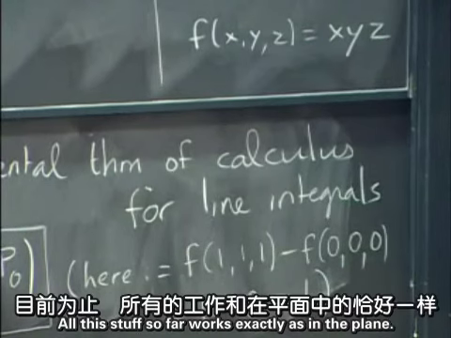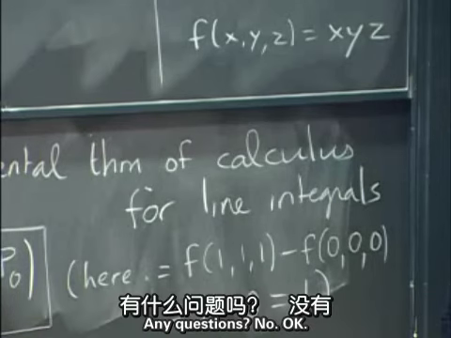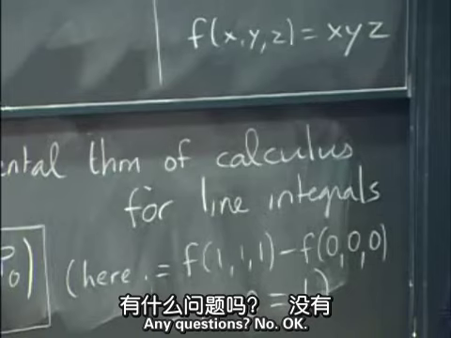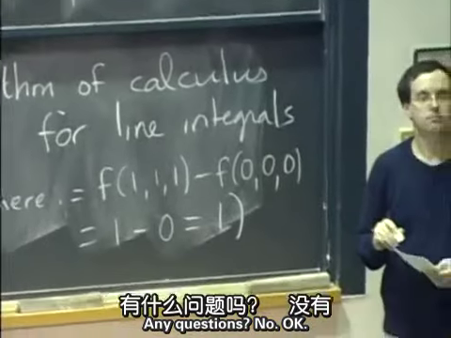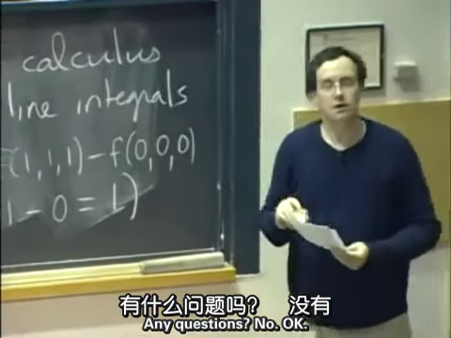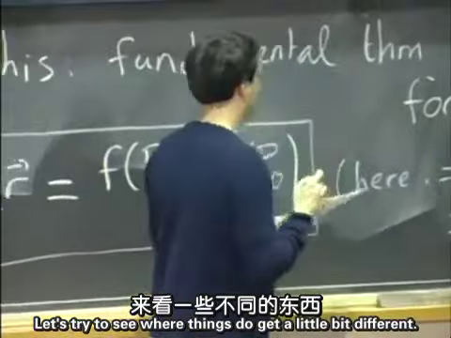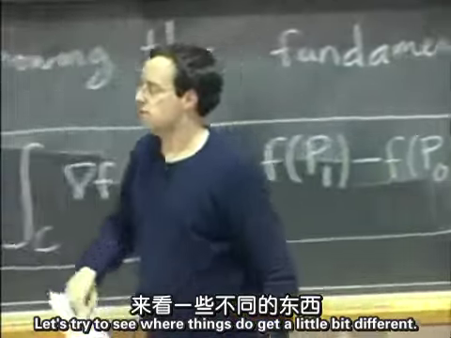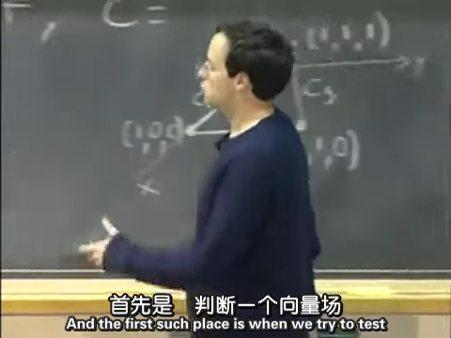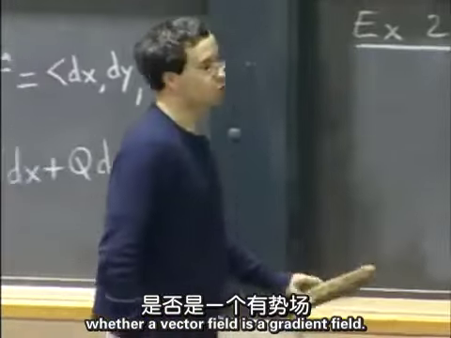Okay, so all this stuff so far works exactly as in the plane. Any questions? No? Okay, so let's try to see where things do get a little bit different. The first such place is when we try to test whether a vector field is a gradient field.